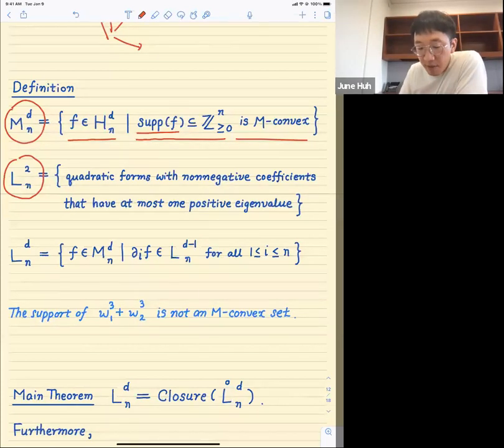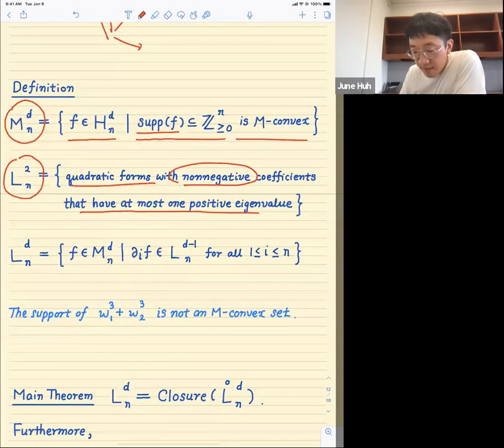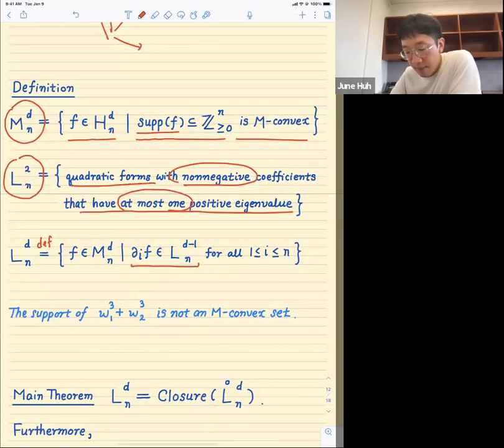So by definition, I take it to be the set of all quadratic forms with non-negative coefficients and that have at most 1 positive eigenvalue. And still, we are defining some symbols. I'm going to take as a definition L^d_n to be the set of all f with the property that its i-th partial belongs to L^(d-1)_n for all i.